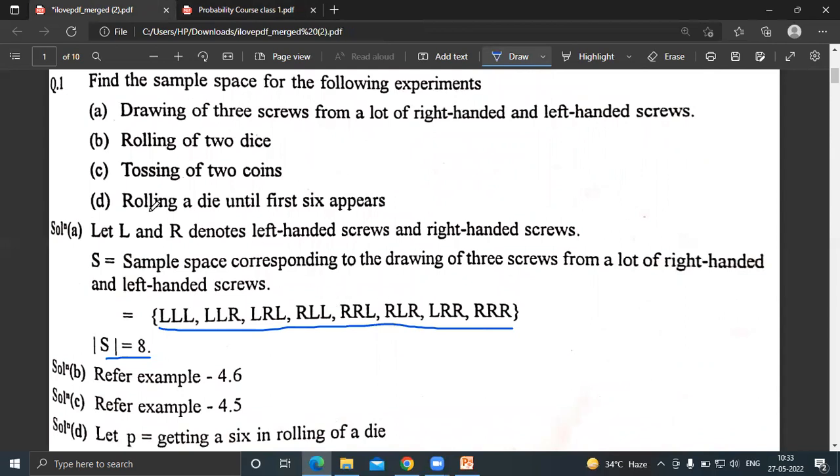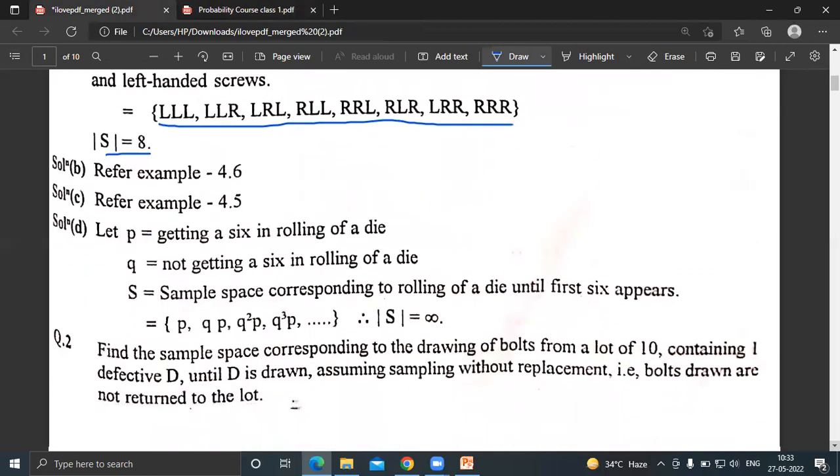Then the next question is rolling a die until the first 6 appears. This is one tricky question, how do you have to solve it? Suppose P is getting a 6 in rolling of a die, and Q is not getting a 6 in rolling of a die.